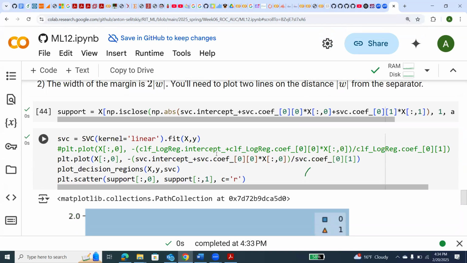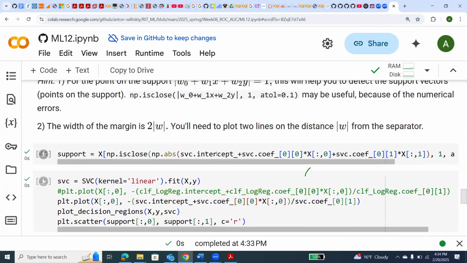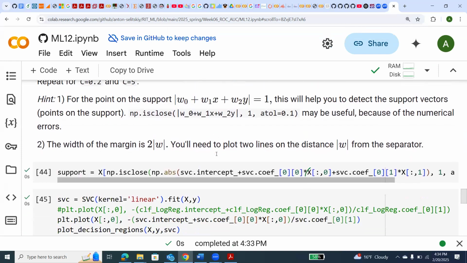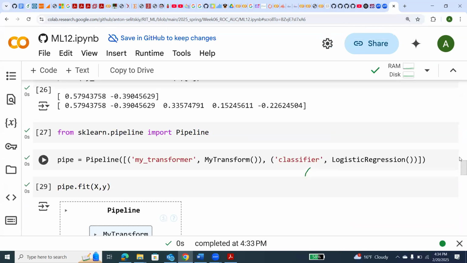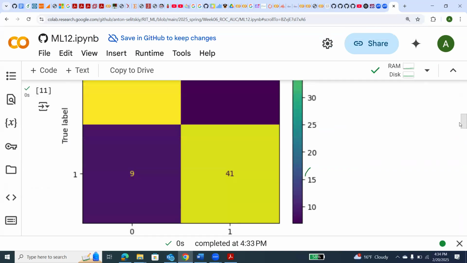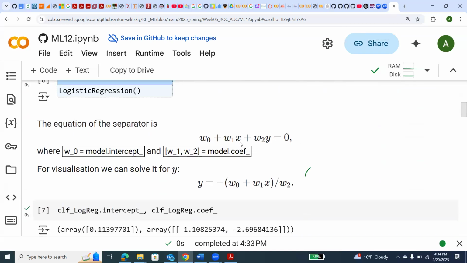But we want to plot the lines actually, like here. So to plot these lines, we should plot the equation where dot product equals 1 or -1. So it means that instead of W0, we will use W0 plus 1 or -1.